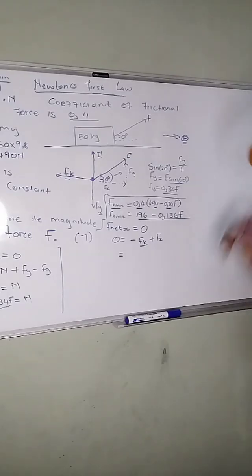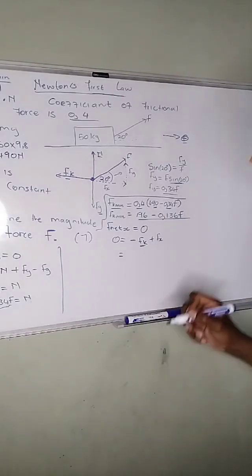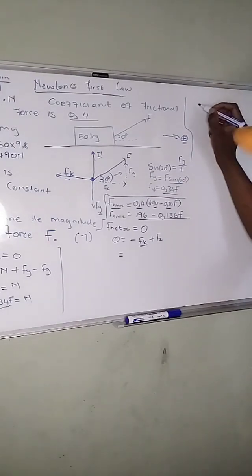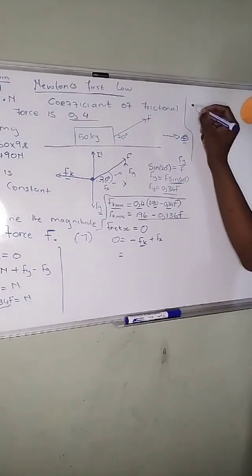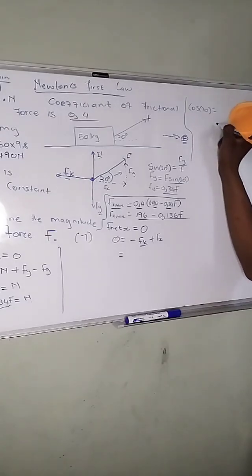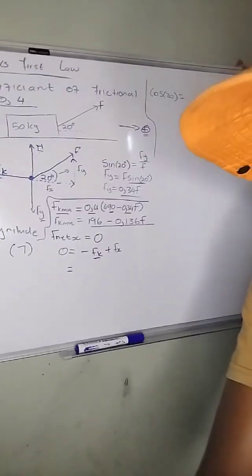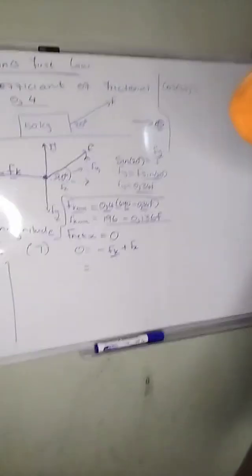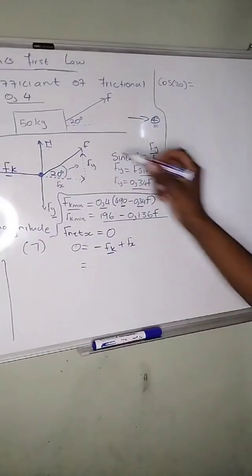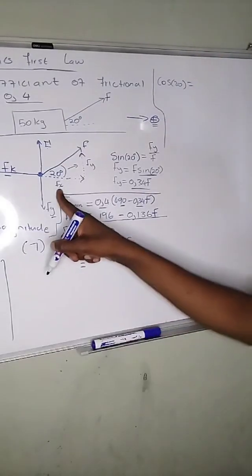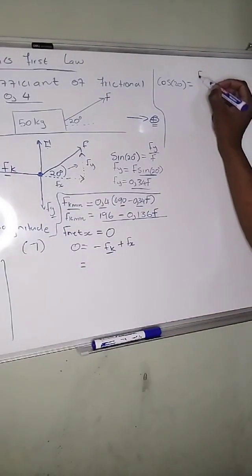So check. Now, I'm going to say cos 20 is going to be equal to Fx, adjacent over hypotenuse.